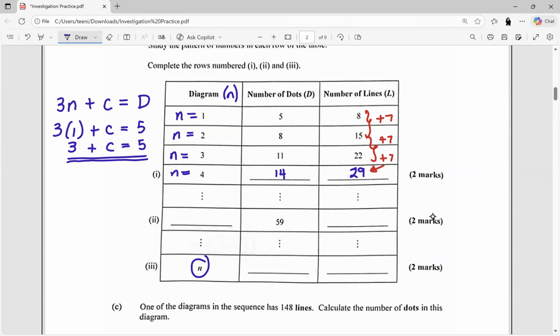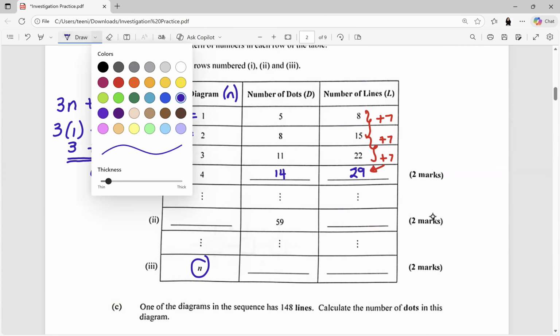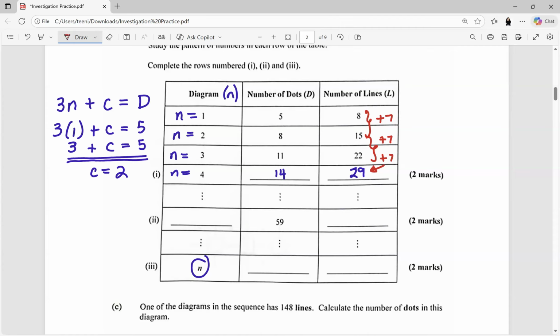So that means that if c is equal to 2, the general equation that links the diagram number to the number of dots is 3 times whatever the diagram number is, in this case let's just call it n, plus 2 will give you the number of dots.